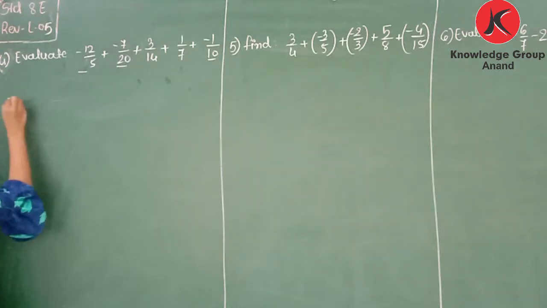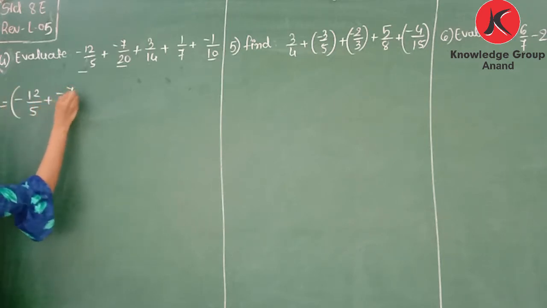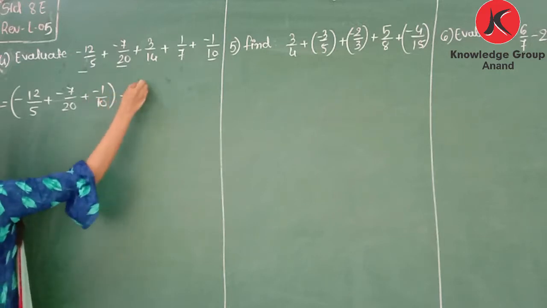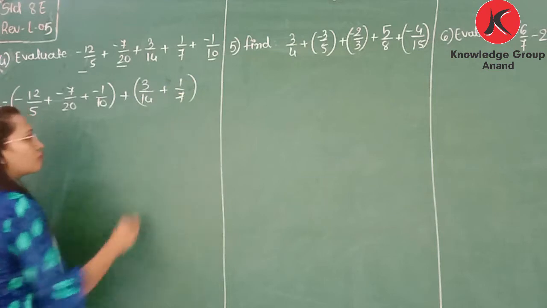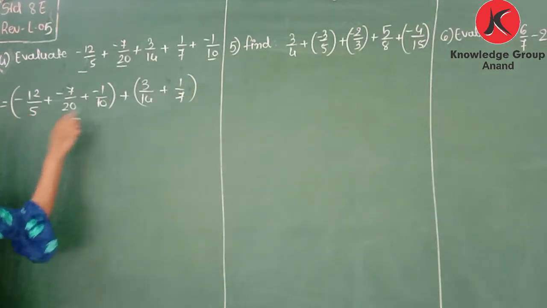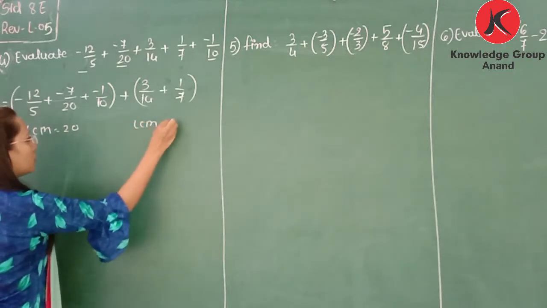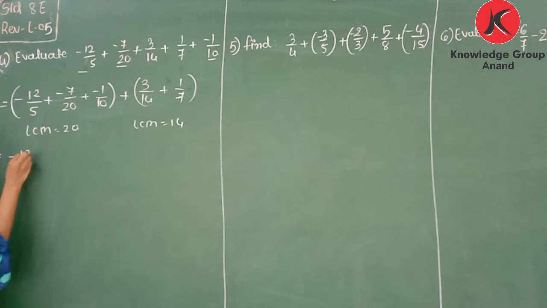So let's group minus 12 by 5 plus minus 7 by 20 plus minus 1 by 10, and make a group of 3 by 14 plus 1 by 7. Now the LCM of this is 20 and the LCM of this is 14. So here we need to make the denominator 20.